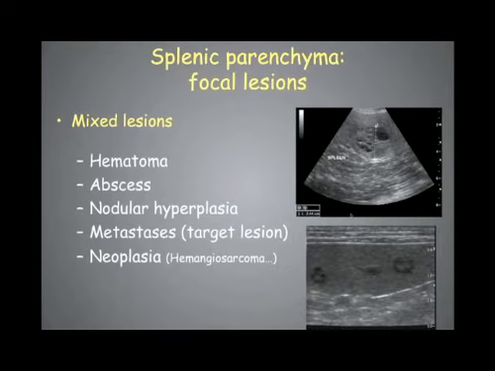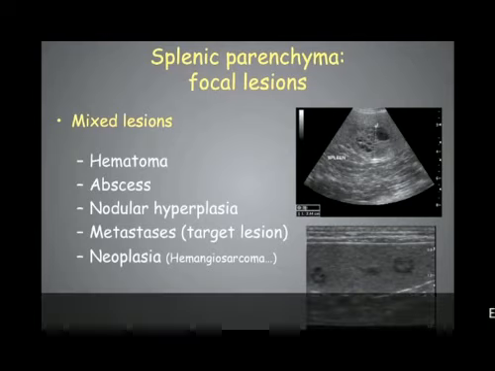We can also have some target lesions that will be mixed lesions, and in general those lesions are suspicious of metastasis, but they can be benign as well, though that's more rare. If we see lesions like these that are very targetoid, meaning there is a hypoechoic center surrounded by a hyperechoic rim, it's always suspicious of metastasis, and some aspiration should be performed in those cases.